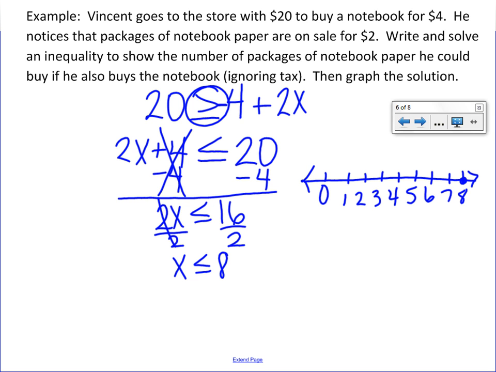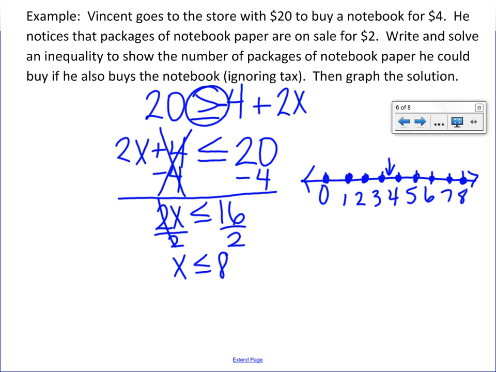Can I buy half a package of notebook paper? The answer to that is no. So because I can't buy half a package, I have to put points on the integers because I can't buy 3.5 packages of notebook paper. So I couldn't have a point that fell between 3 and 4. It has to be exactly at those integers, those whole numbers.